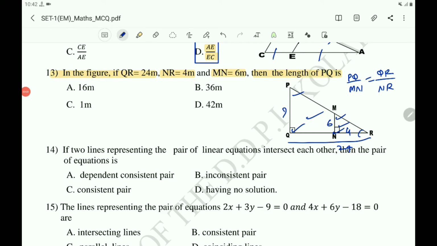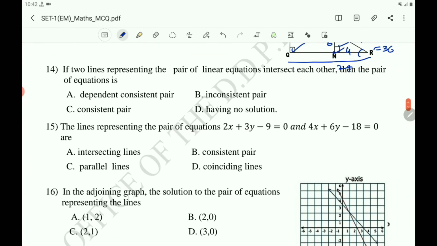Then here PQ by 6 equals QR by NR, QR is 24, NR is 4. Then you can take PQ equals 6 into 6. You will get 36. So PQ is 36 meter. So you note down option B is the answer, 36 meter.